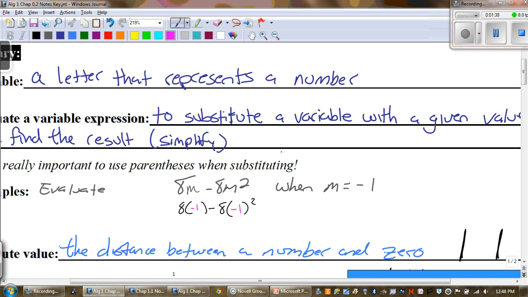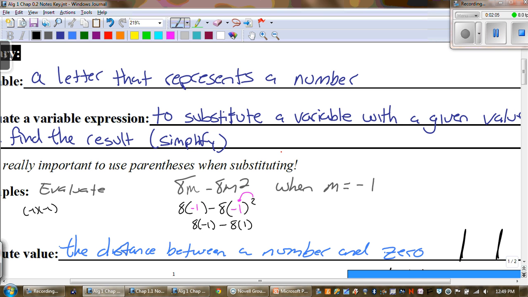Okay, so we've already talked about order of operations, please excuse my dear Aunt Sally, and now I have to make sure that I do the exponent before I do anything else. Okay, so my 8 (-1) stays the same, and now that is (-1) squared off to the side. If you need to write it, it's -1 times -1, which is a +1.